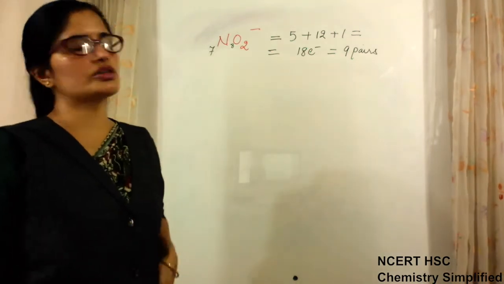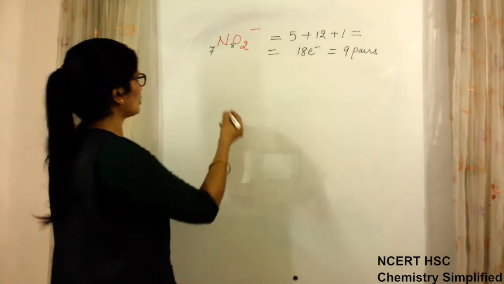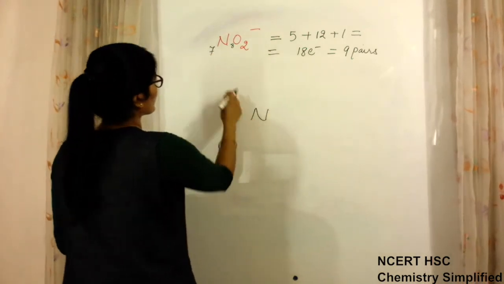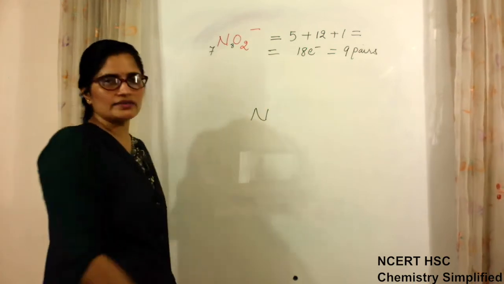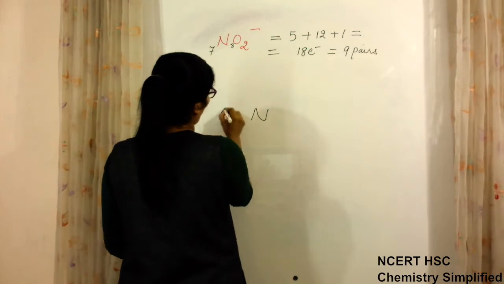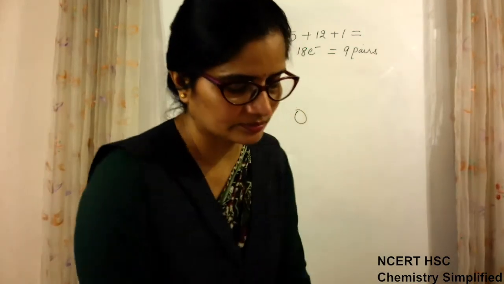So now we have to distribute 9 pairs in such a manner that octet of each one is complete. Out of the two, less electronegative is nitrogen. So nitrogen will become central atom. N, O and O. Okay, now distribution.